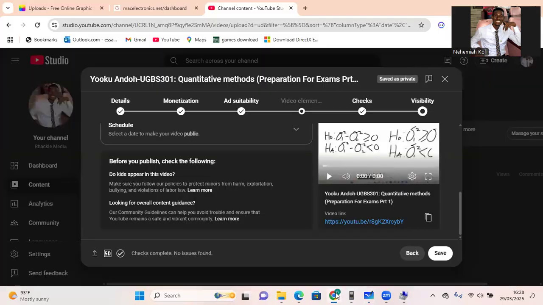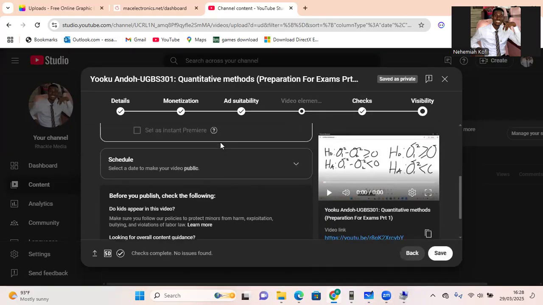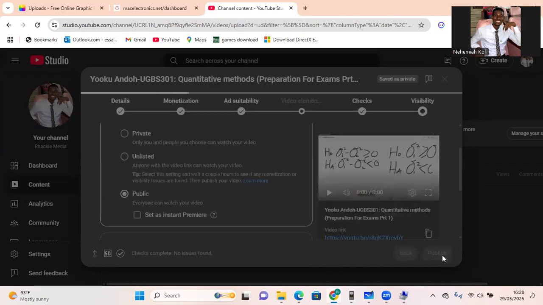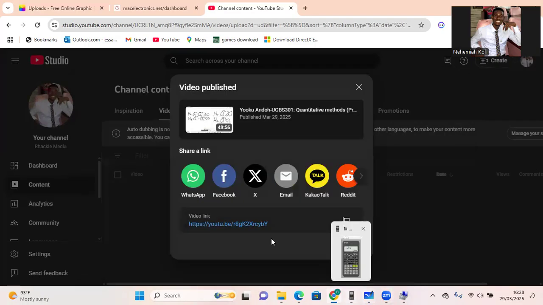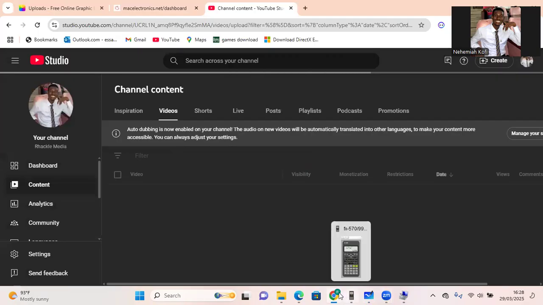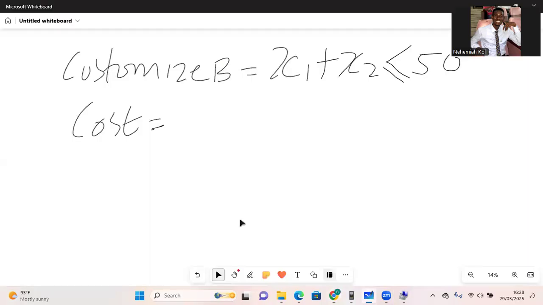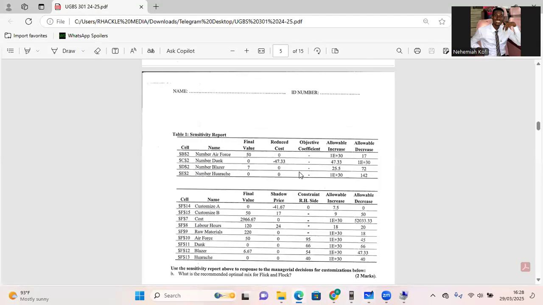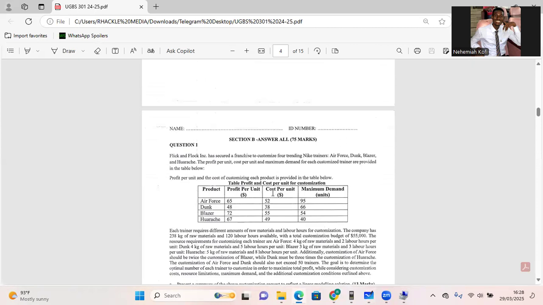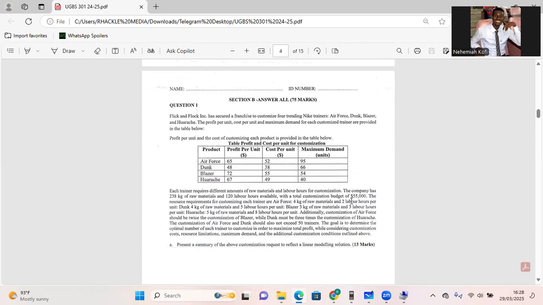So for the cost, we already have the cost on the table, right? They're saying the cost is what, 52 for this, 38 for this, 55 for this, 49 for this. And the budget is what, 55,000. So that's what we are going to use here.